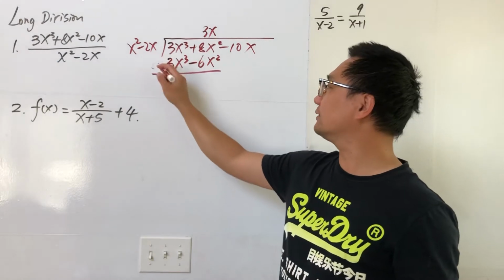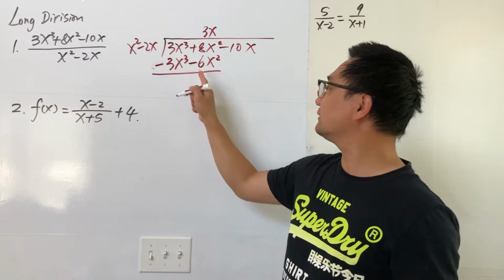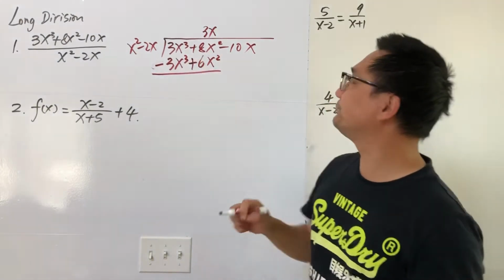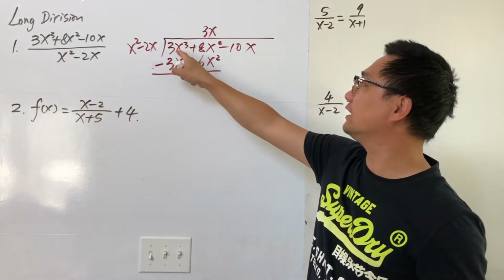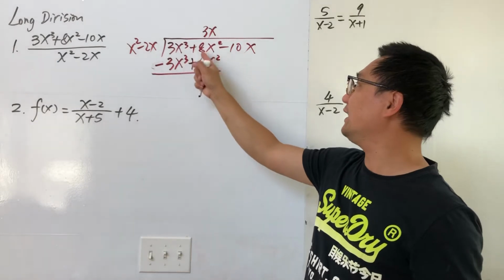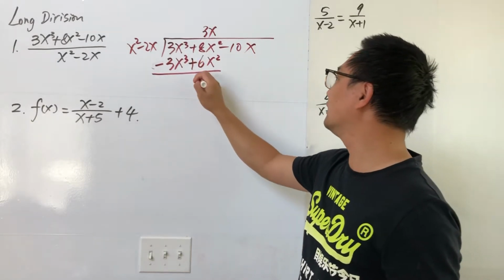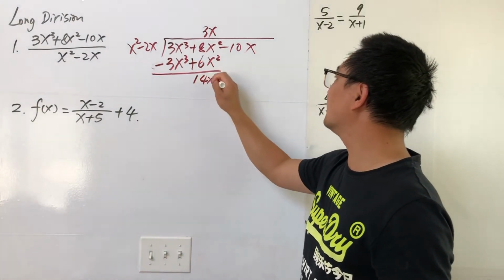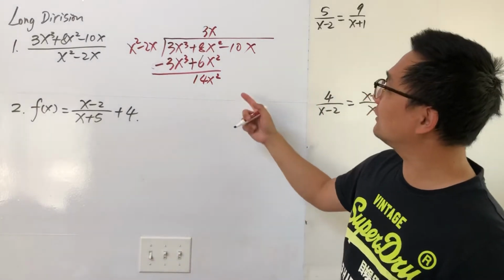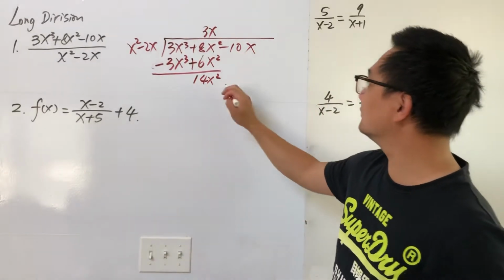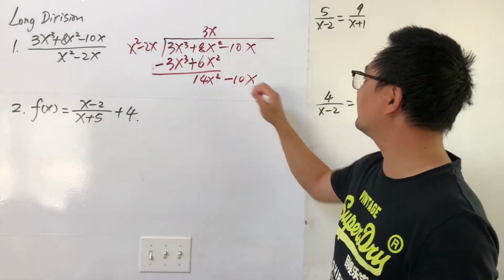If this positive is changed to minus, this minus changes to plus. And then you can do the addition. Now this added together is 0. 8 add 6 is 14x squared. Maybe this way is easier for you guys, okay? Next you have to pull down minus 10x here.